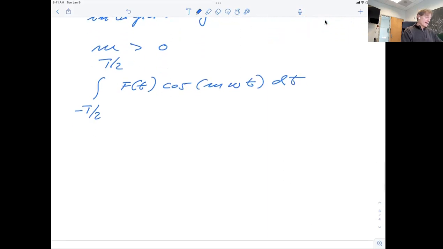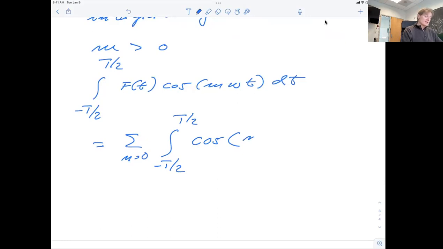So this means that what I have now is a sum from n equal to 0, and then I have an integral from minus T half to T half. And remember now that I can actually skip the sine part, because we already said that if I multiply sine with cosine and I integrate, this is equal to 0, irrespective of the values of n and m.